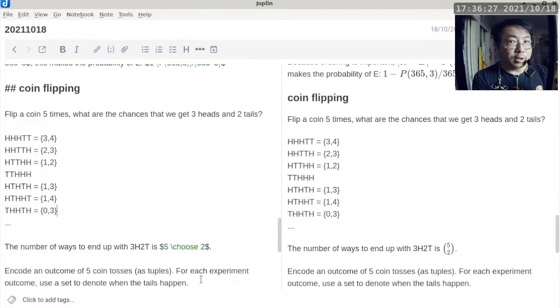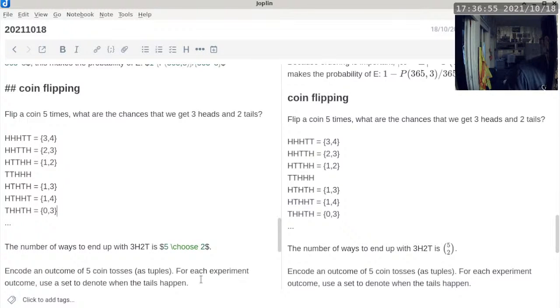So if I only focus on the tails, I can now say, where did the tails happen? It occurred in trial number 3 and trial number 4. So that means the rest are heads. So are we doing okay so far with this new representation of how we are encoding a specific outcome of an experiment that consists of 5 coin tosses?